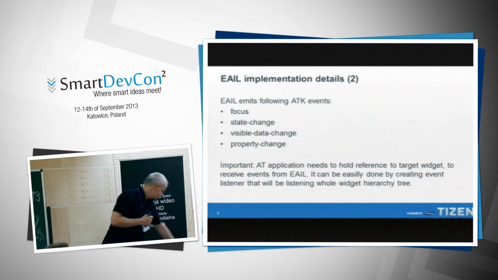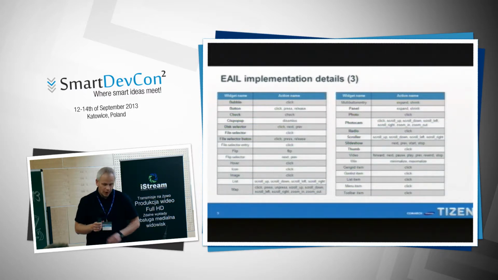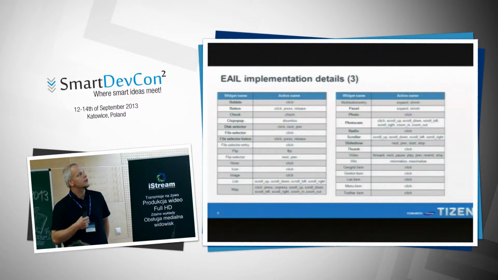What else? Yeah, I list here the widgets for which EAIL also provides actions. So the assistive technology can use them too. For example, click, press, or release for a button, or check for the checkbox.